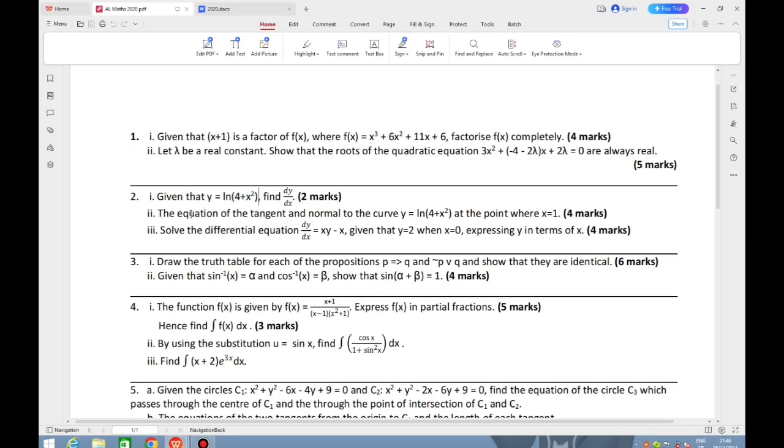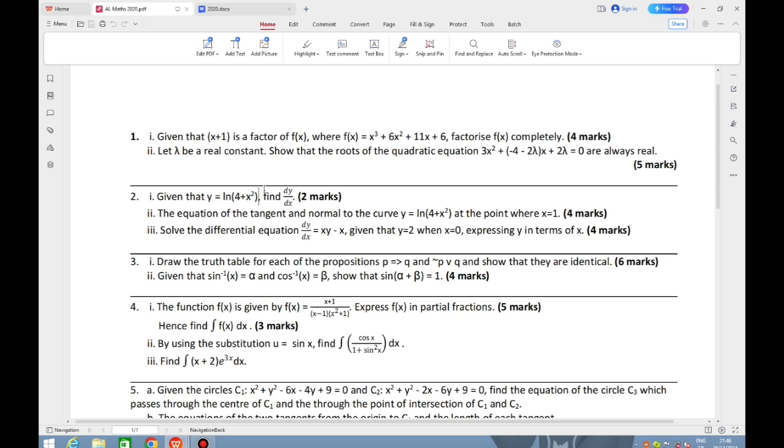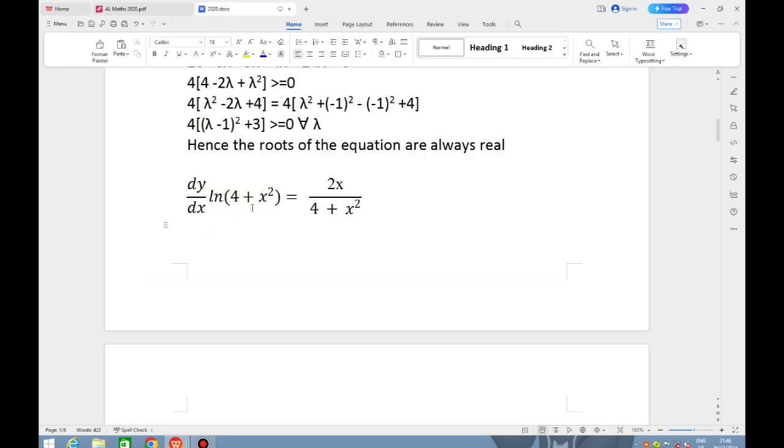Alright, so moving on, the question says find the equation of the tangent and the normal to the curve y equals ln(4 plus x squared) at the point where x is equal to 1. You have been given the condition at the point where x is equal to 1. So you simply start by substituting x equal to 1 into this equation, ln(4 plus x squared), to get the value of y.